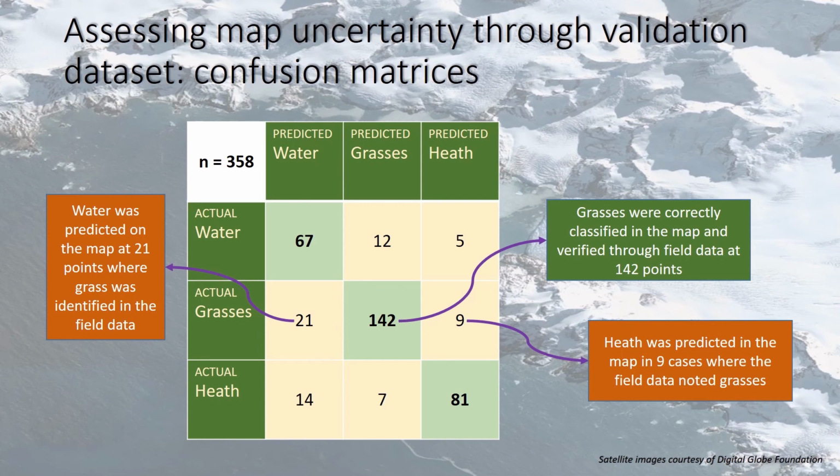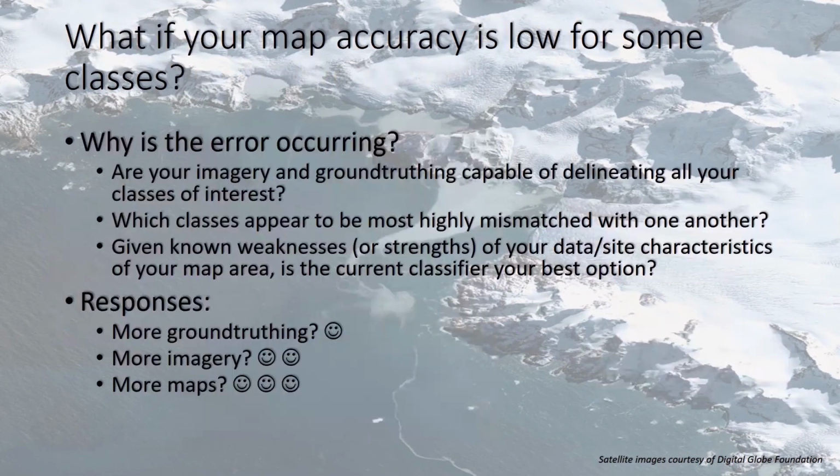And once you've gotten past this point, let's say you've got your map, you've taken a look at it, you've run your confusion matrix, and you're now at a point where you're needing to make some choices and do some thinking about the end product of your workflow.